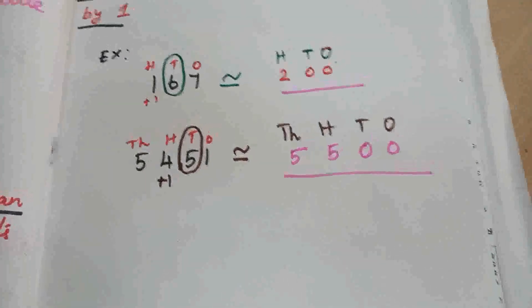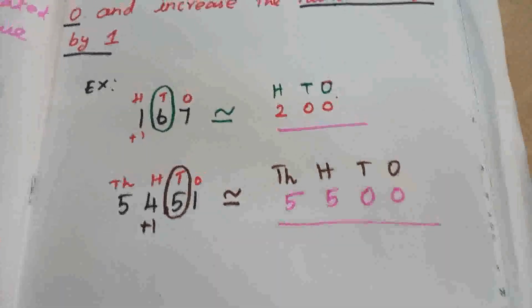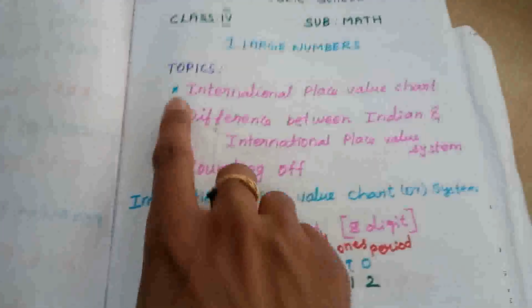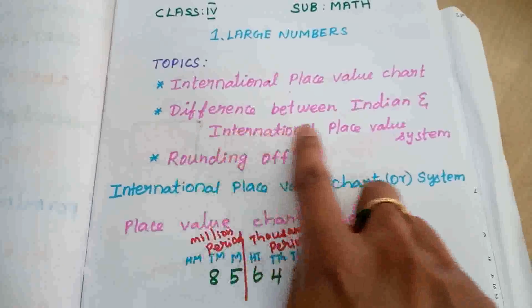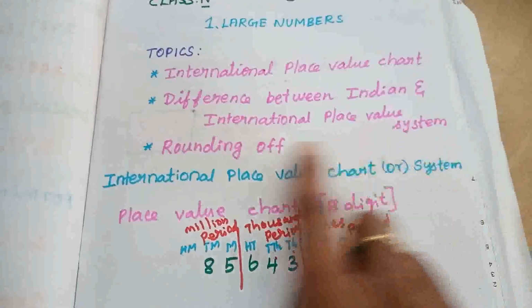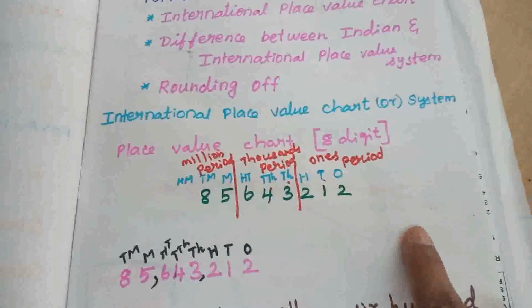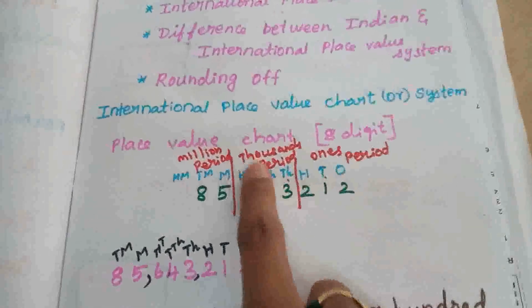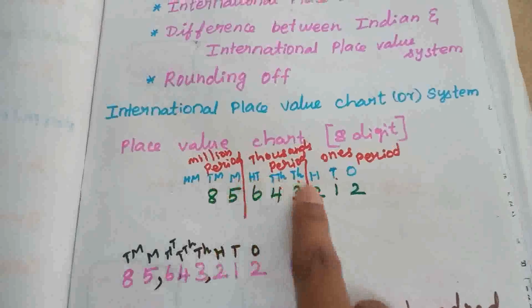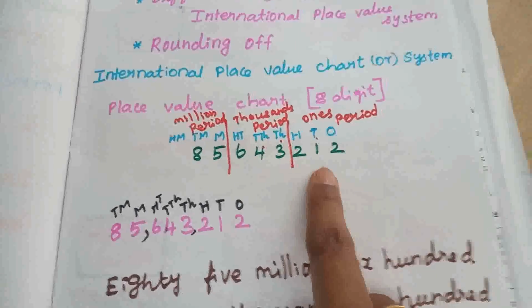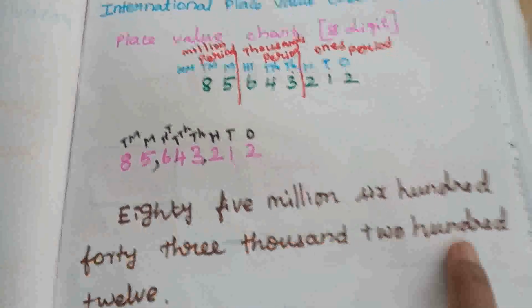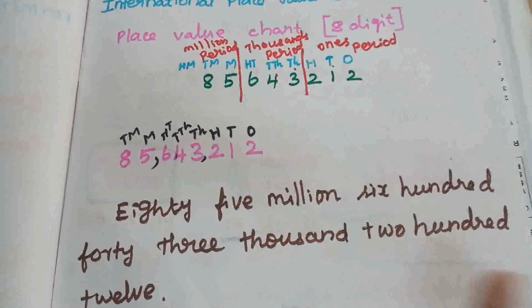Now I am going to conclude the section with a quick recap. The international place value chart, the difference between the Indian and international place value systems, and rounding off. So this is the international place value system. There are 3 groups: ones period, thousands period, million period. With the help of the place value chart, you put the commas, and this is the way to write the number names.